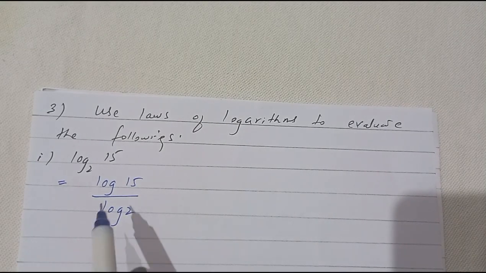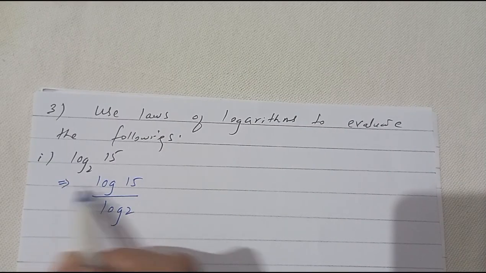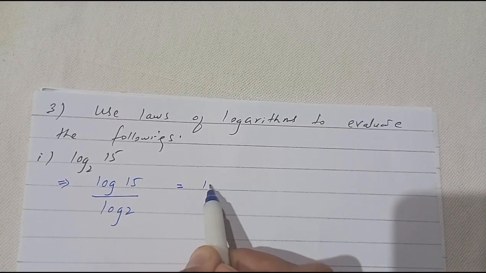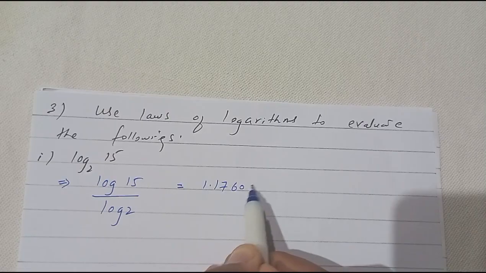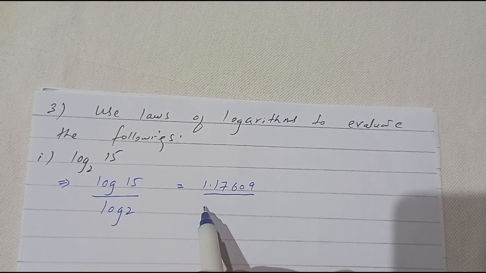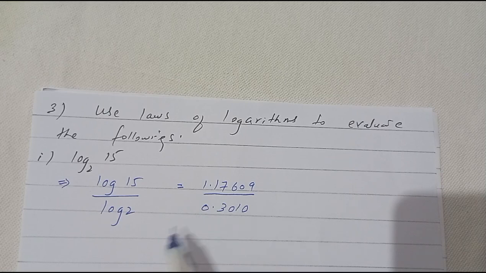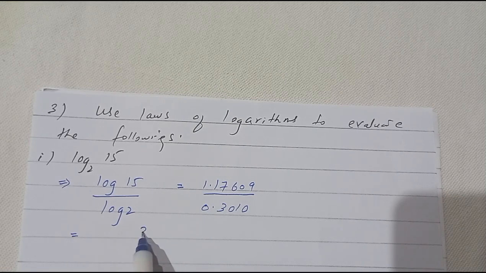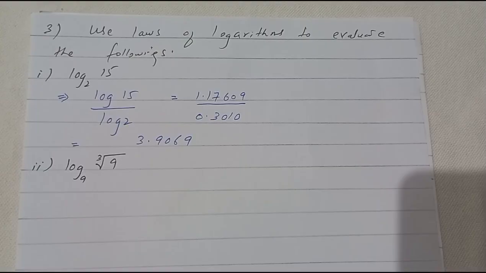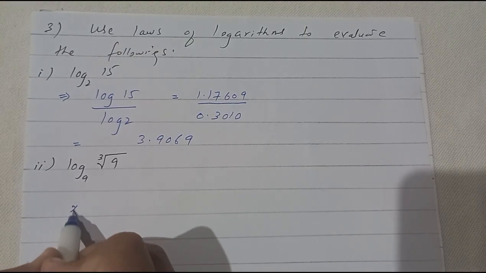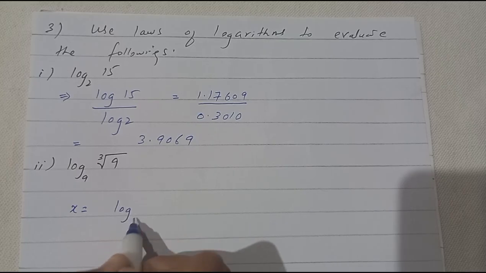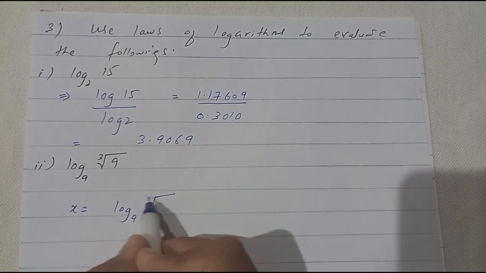From the calculator we find the value of log of 15 equals 1.17609, and the value of log of 2 is 0.3010. Dividing these two we get the answer 3.9069.